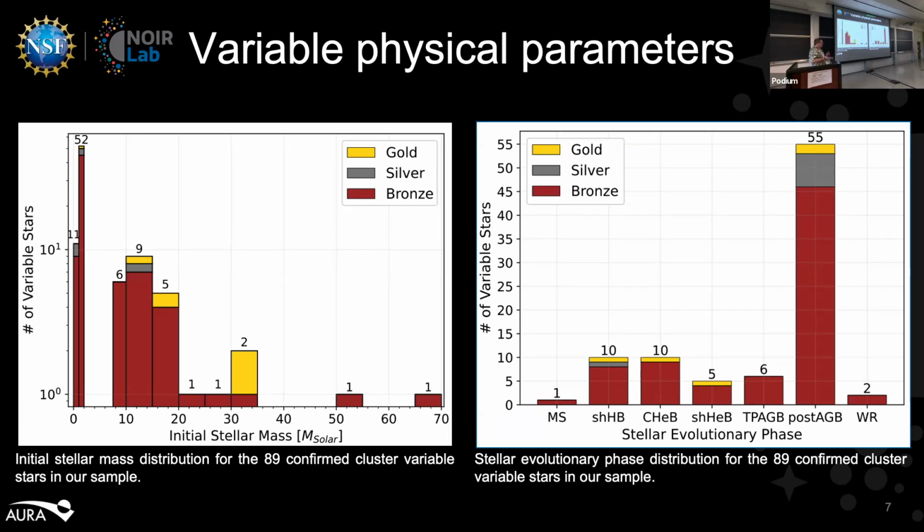But because of the highly crowded cluster environment, so in other words, light blending, and the quality of the source detection in the difference image, we attribute a different quality, confidence level, I should say, to each of these results. And that's what this reflects. So we can say, yes, 89 objects have changed. This also shows how confident we are that is that star changing. There's no blended light, or unlikely to be additional blended light, etc.